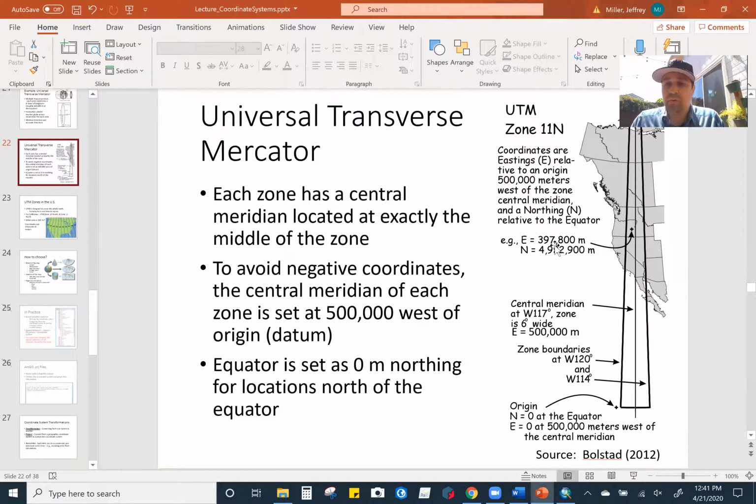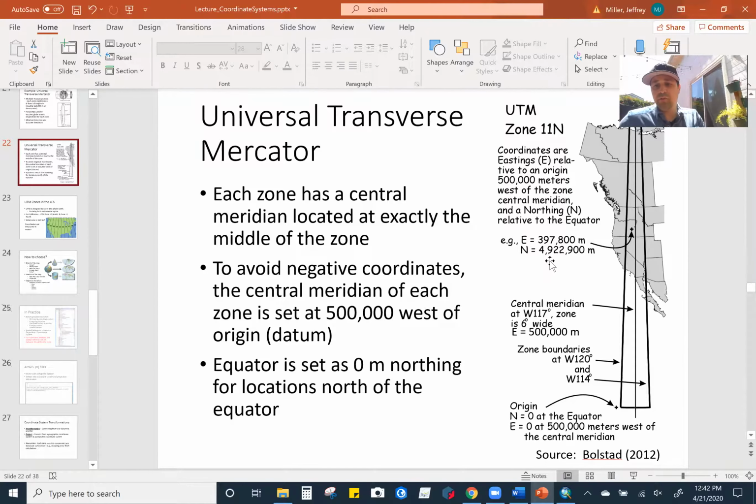And we ended up subtracting, let's see, we ended up with something like 397,800 meters in easting. So technically that means 397 meters away from this, and what, 103,000 meters away from the center.